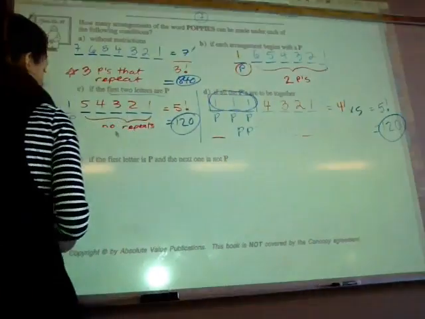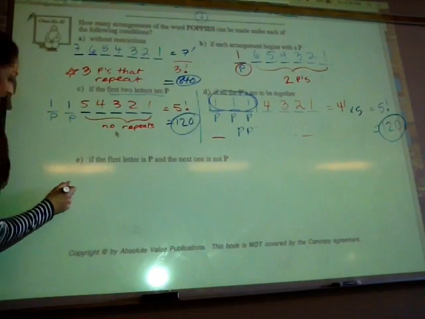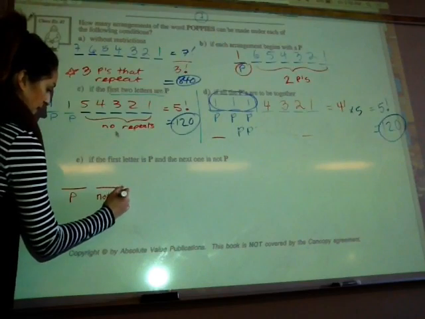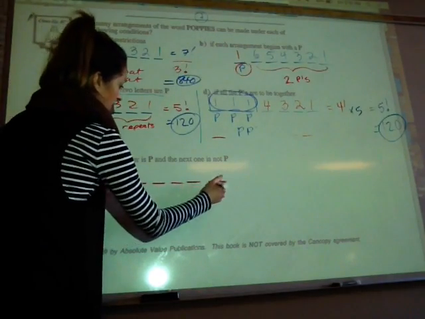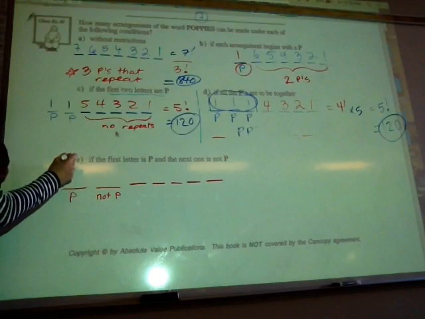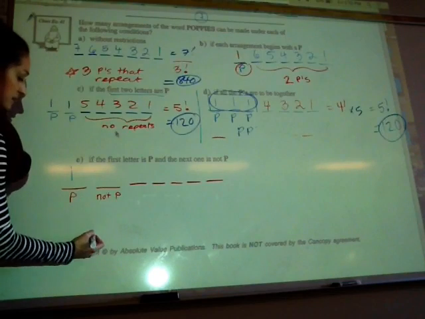Alright, next example. The first letter is P, the next one is not P. So we have P, not P. And then 1, 2, 3, 4, 5. Alright, so if the first letter is P, that's one choice. If it's not P, what other letters could it be? Think about poppies.